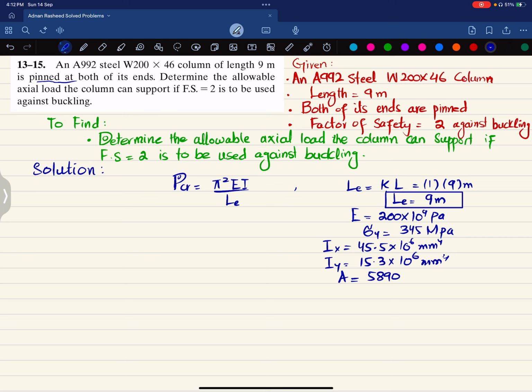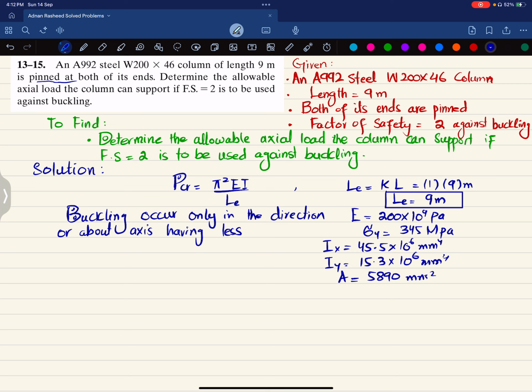Okay, now I will write that if you have a column with a load given, buckling occurs only in the direction about the axis having the lesser moment of inertia.